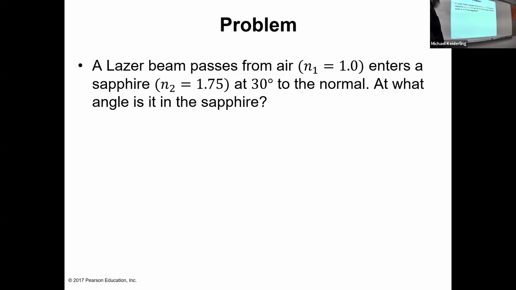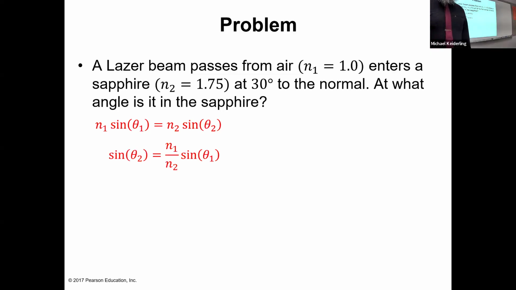So a laser beam passes from air, n equals 1. It enters the sapphire, n equals 1.75, at 30 degrees to the normal. At what angle will it be in the sapphire? Well, n1 sine theta 1 equals n2 sine theta 2.